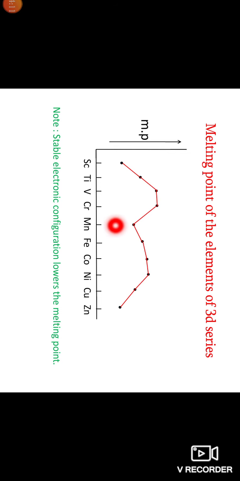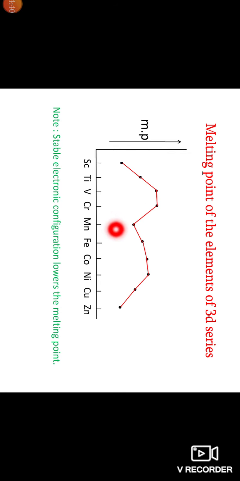After chromium it falls in manganese, because in manganese there are 5 unpaired electrons which give a stable electronic configuration. Due to this stable electronic configuration, the participation of the valence electrons in the metallic bond is less. For this reason, the metallic bond is comparatively weaker and the melting point of manganese is lower than the others.